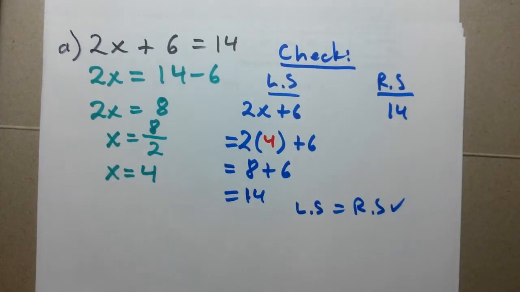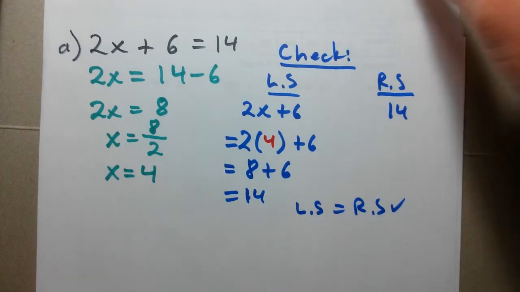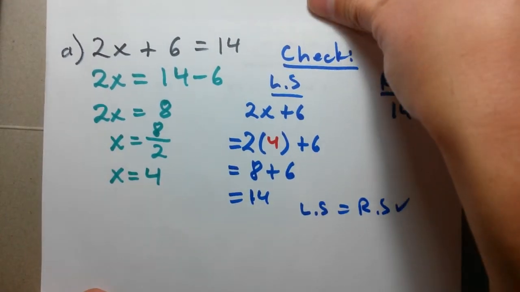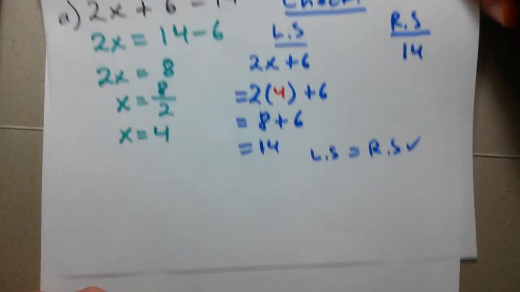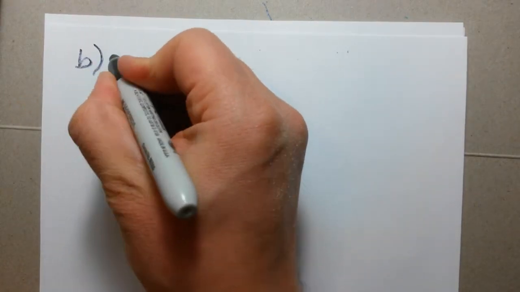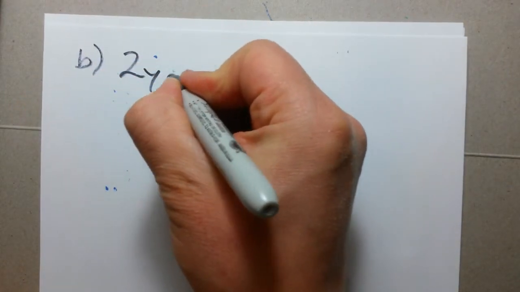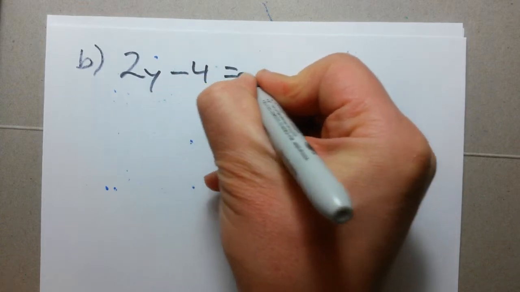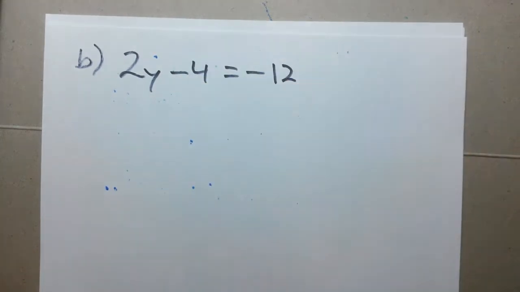Okay, let's look at some more examples, and then you can check those examples yourselves. All right, we have this other expression: 2y minus 4 equals negative 12. So same thing.